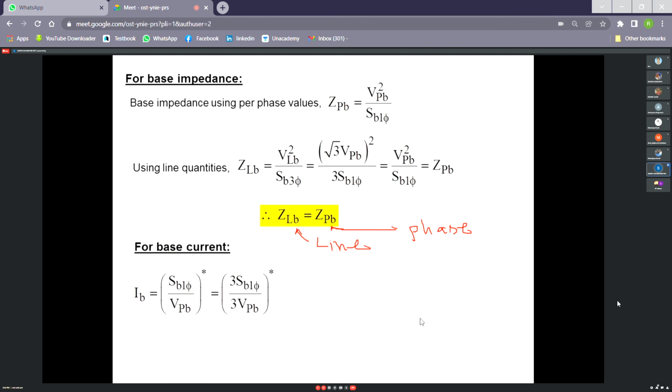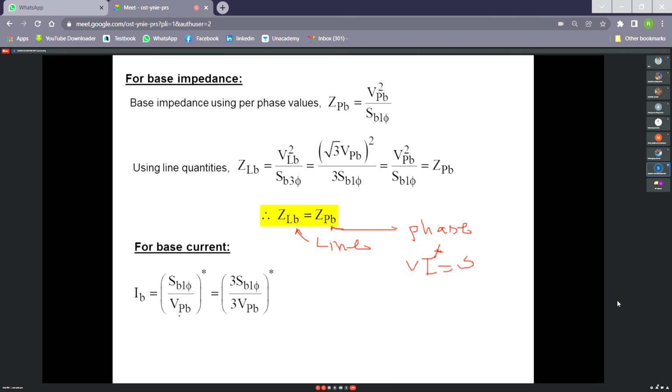Now, in comparison to that, if you see the base current, when calculating base current for three-phase quantity, base current is S by V conjugate, because S equals V I conjugate, so I conjugate is equal to S by V, so I is S by V conjugate, right?